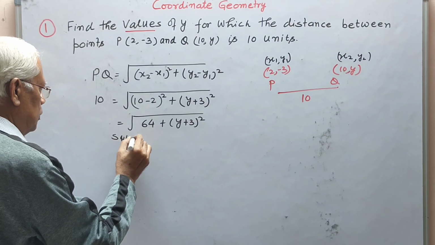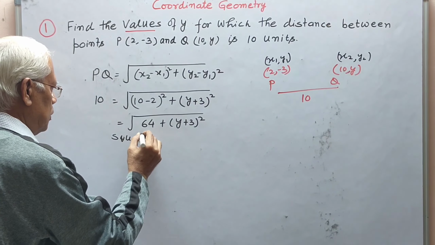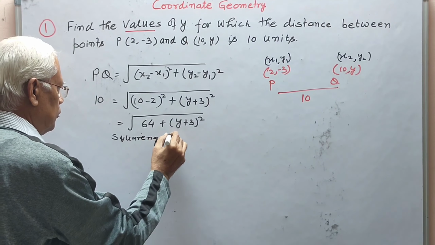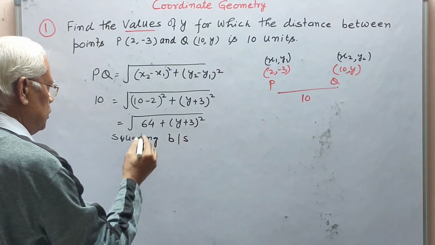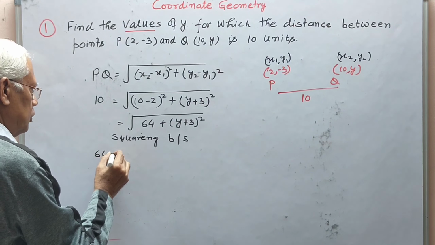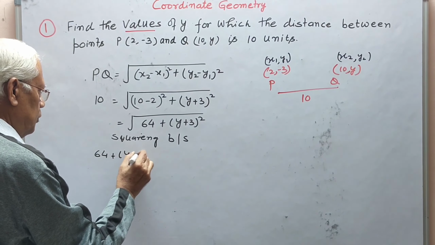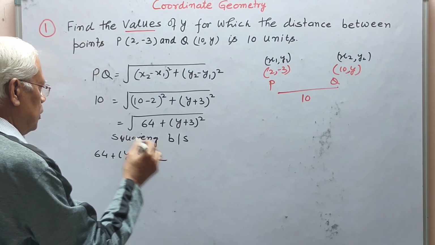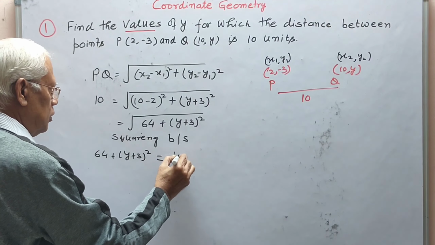Squaring both sides, you can write here 64 plus (y plus 3) whole square, and square of 10 is 100.